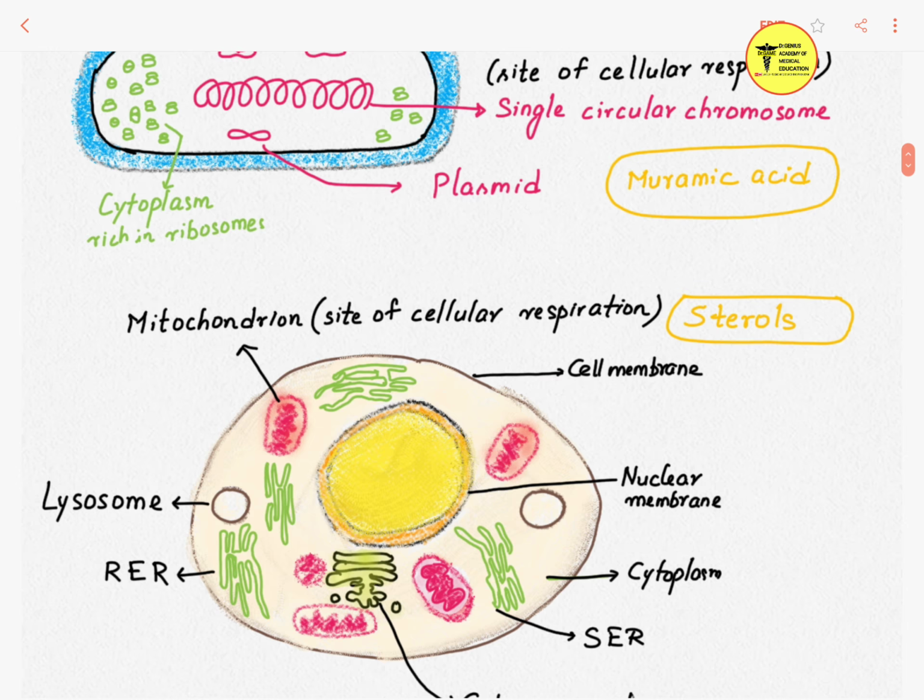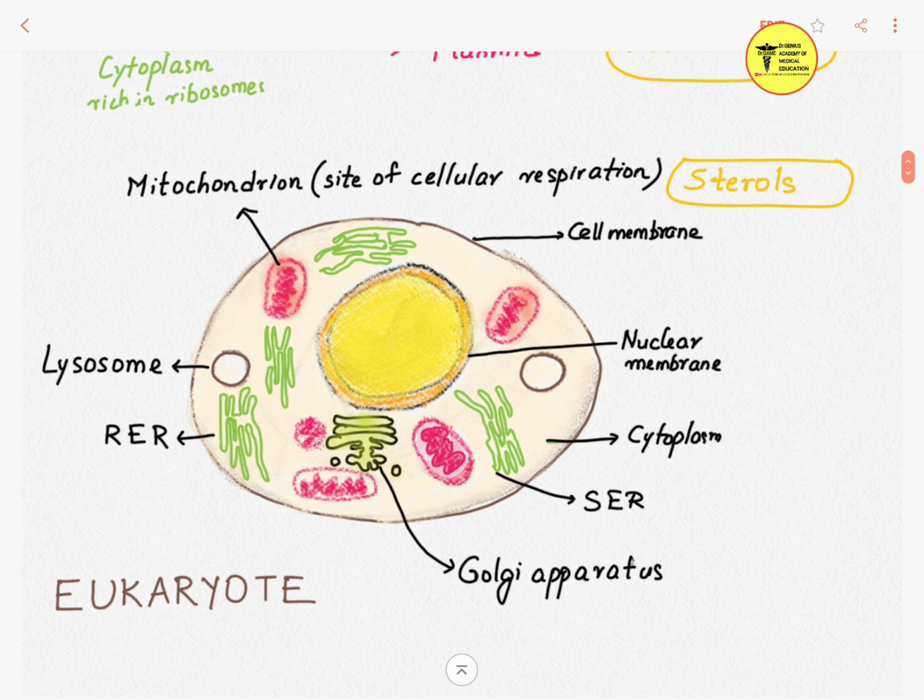This is a eukaryote, in which we can find a nucleus, nuclear membrane, nucleolus, deoxyribonucleoprotein, and more than one chromosome. In the cytoplasm, you can see cytoplasmic streaming, pinocytosis, mitochondria, lysosomes, Golgi apparatus, and endoplasmic reticulum.